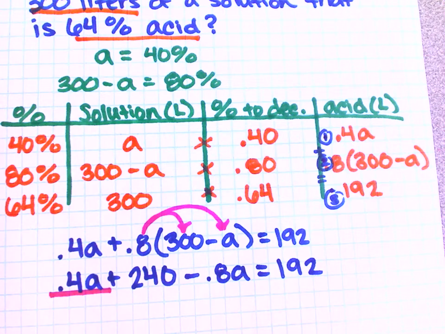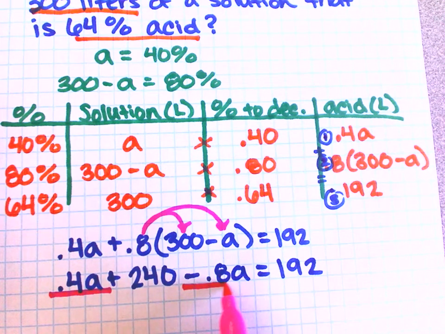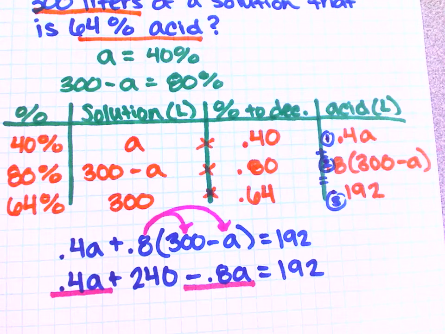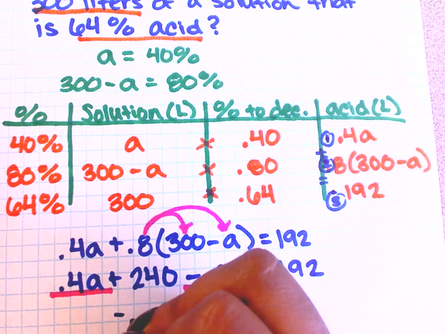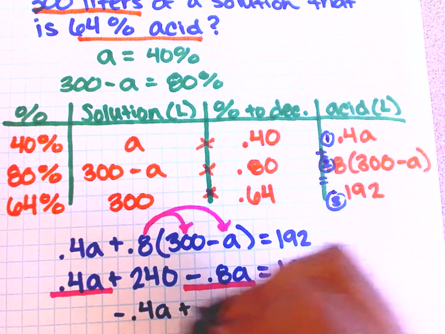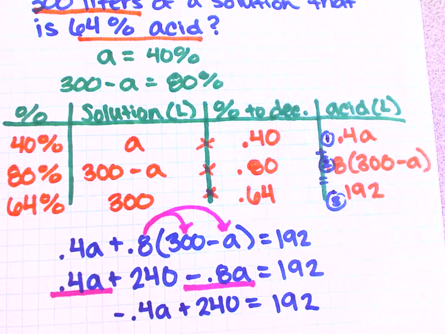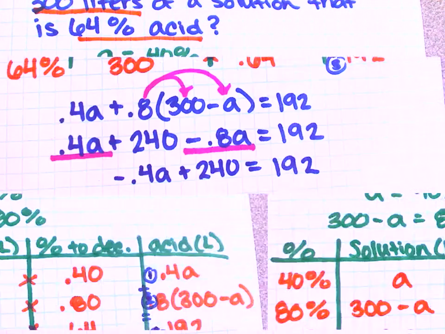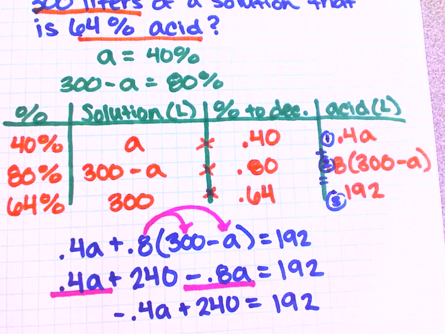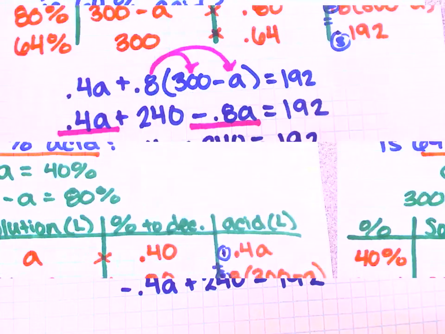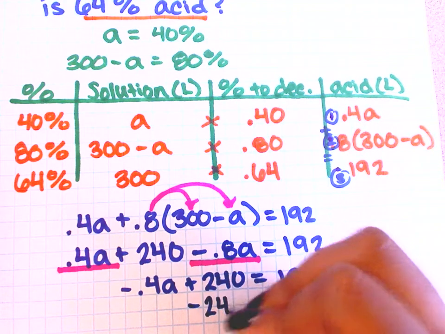I see 0.4A and I see a negative 0.8A. So think of it as like 4 minus 8 to be a negative, right? So I have negative 0.4A plus 240 equals 192. 0.4A minus 0.8A is a negative 0.4A. And then same as you usually do, subtract 240 from both sides.